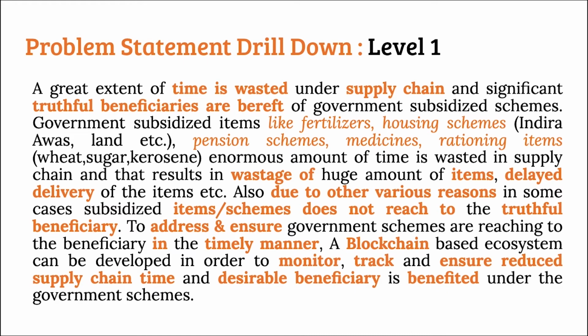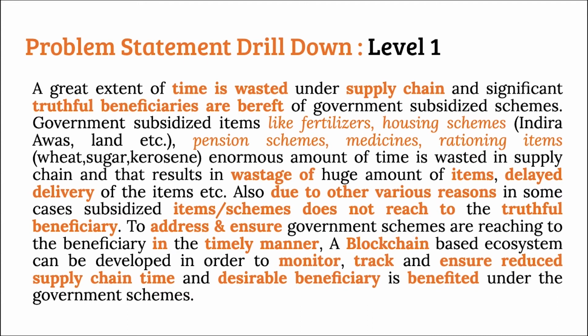So there's also a huge wastage of items because it's not delivered in time, and there are also other reasons such as the beneficiary probably does not even know about the scheme, or there's corruption happening at various levels, and because of these many reasons the truthful beneficiary might not get the benefits.